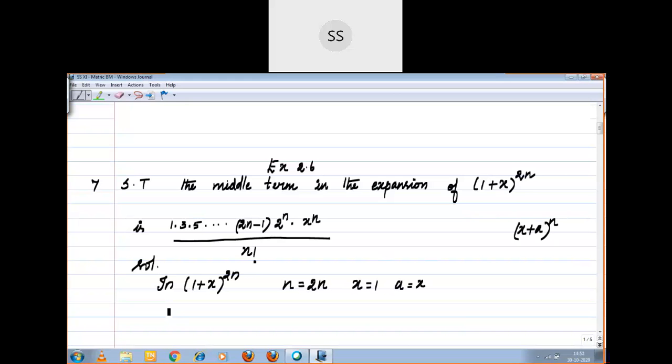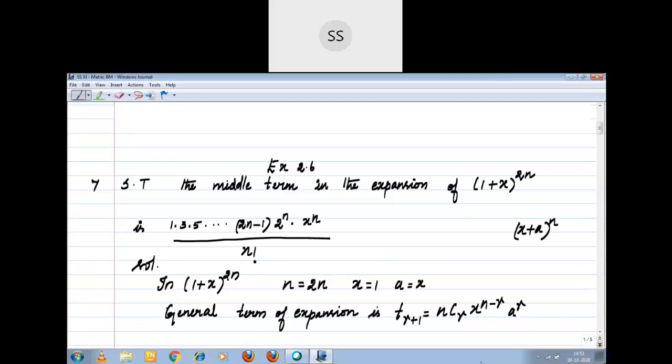The general term of expansion is T r plus 1 equal to nCr x power n minus r into a power r. Right?